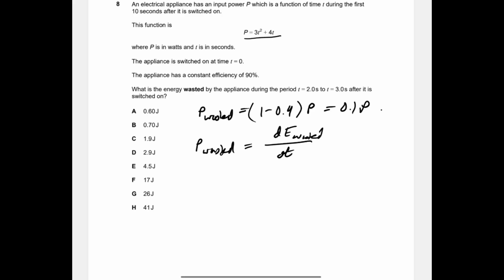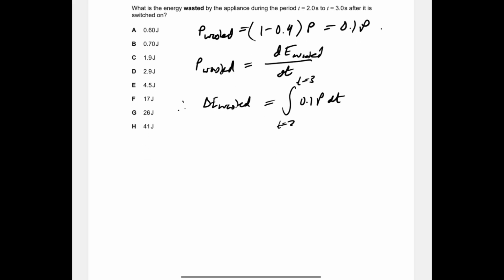So therefore the energy wasted from time t equals 2 to t equals 3 is just the integral of the power wasted, which is 0.1 P, with respect to time.